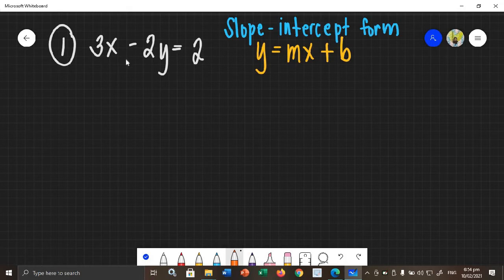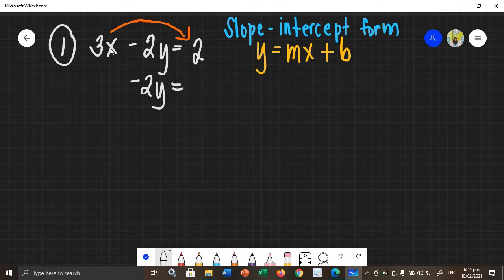So, how do we transform this into y is equal to mx plus b? First, we need to isolate the variable y. So, we need to transpose 3x to the right side of the equation. What will happen is that negative 2y will be on the left side of the equation alone.